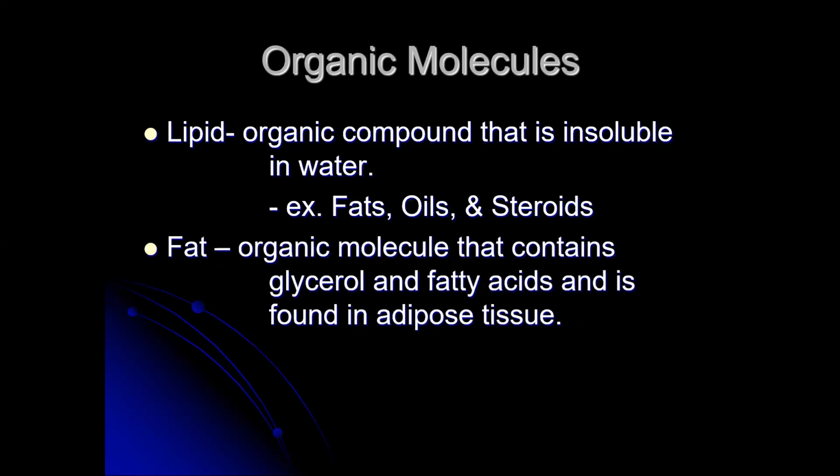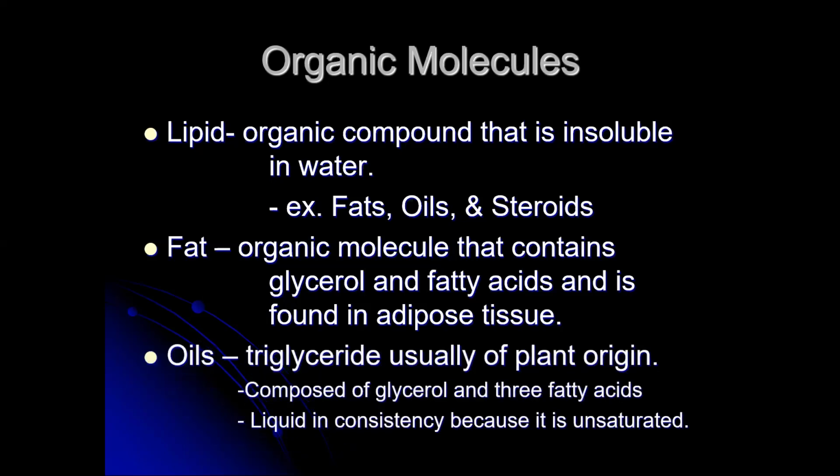So fat is an organic molecule that contains glycerol and fatty acids, and is found in our adipose tissue. And that fat is from animals. I say us, well, humans, because this is focused on humans, but all animals. So we eat the fat of other animals or use the fat of other animals like butter and lard and tallow.